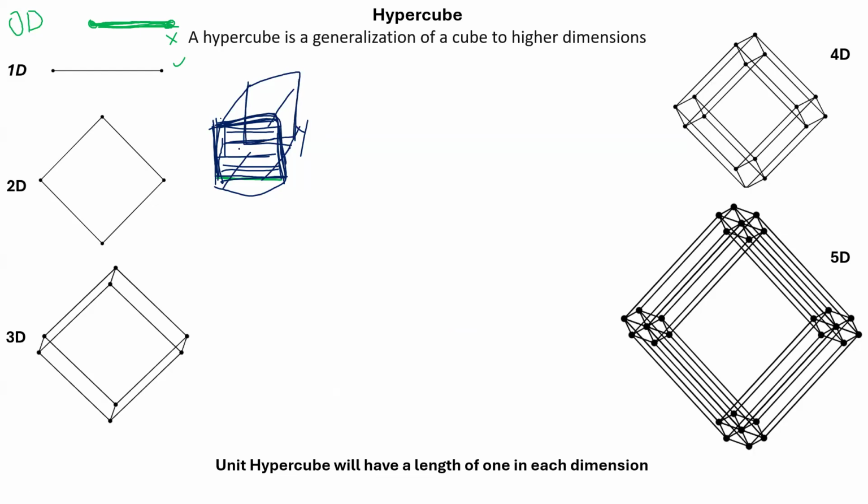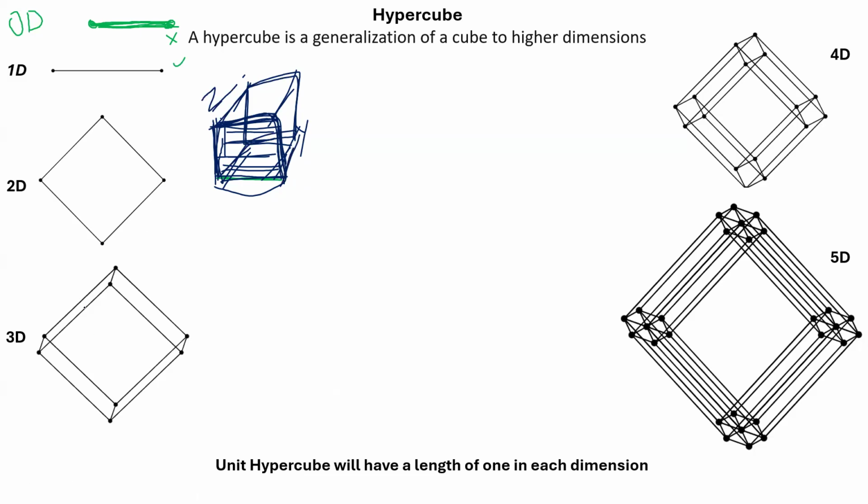This is a room and these are the walls of the room. When you lift or drag this 2D square along the z-axis, it forms a cube, right?